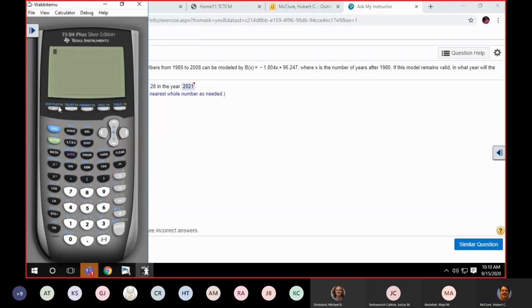Clear. Y is equal to, and you don't have to type it in, but I'm going to, negative 1.804 plus X plus 95.247, and graph.